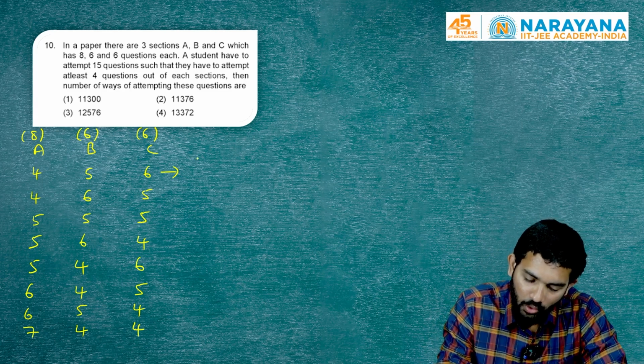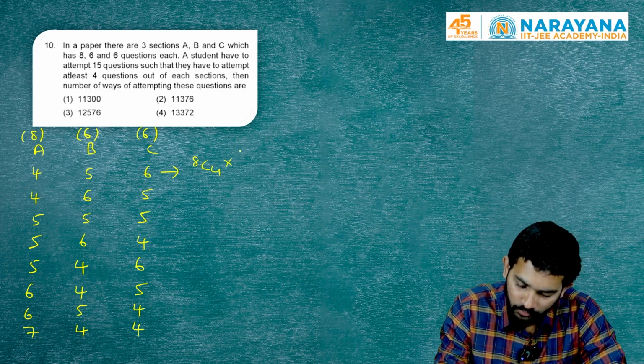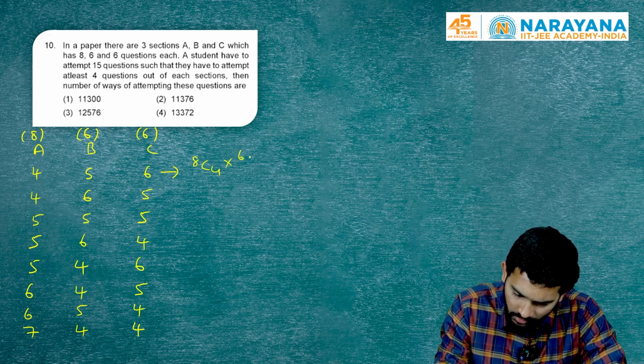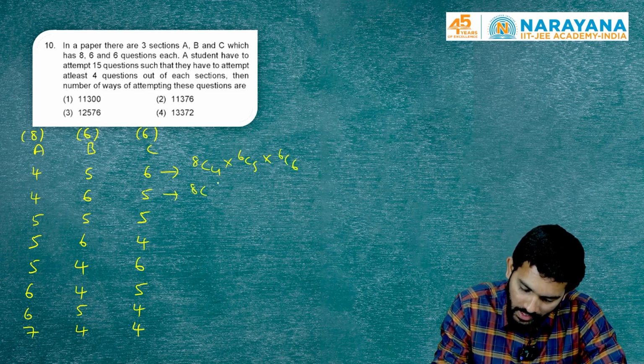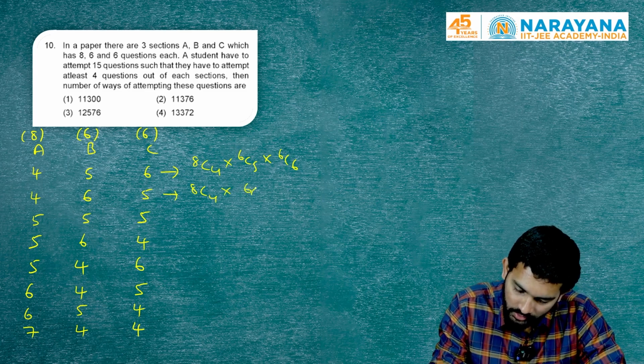So if I write, out of 8 questions from A, I have to choose 4, 8C4 into 6C5 into 6C6. So here it will be 8C4 into 6C6 into 6C5.